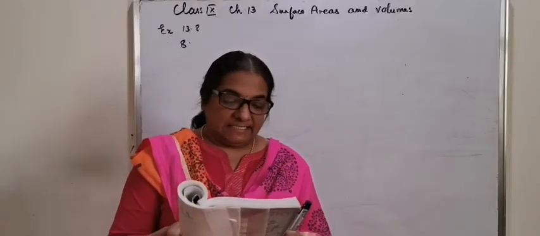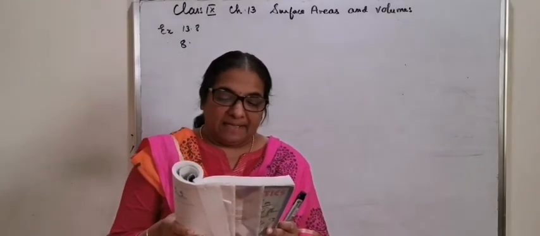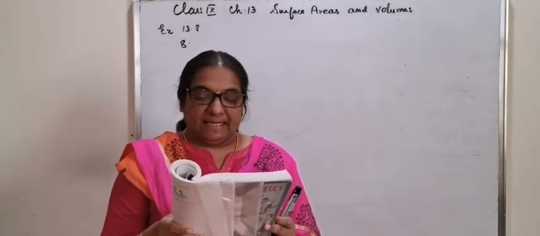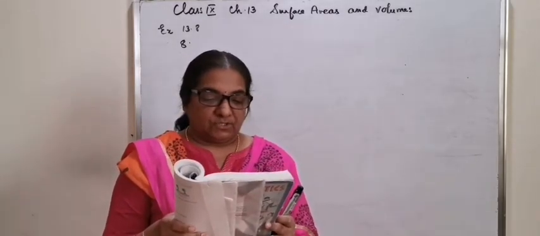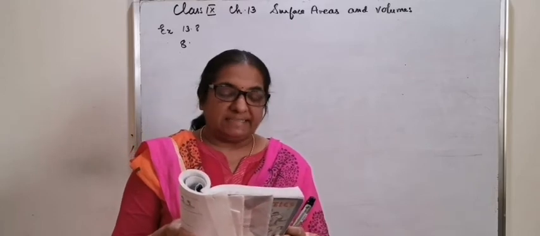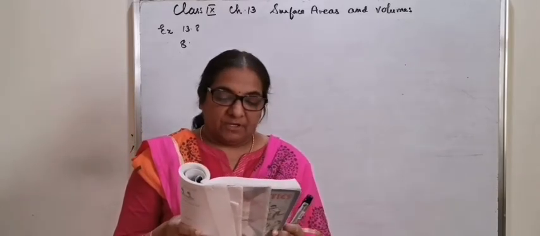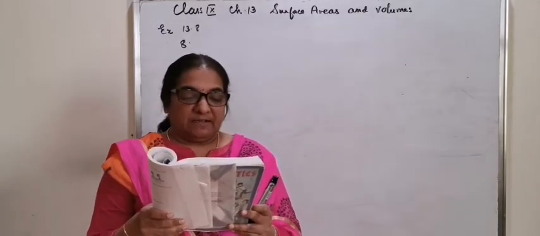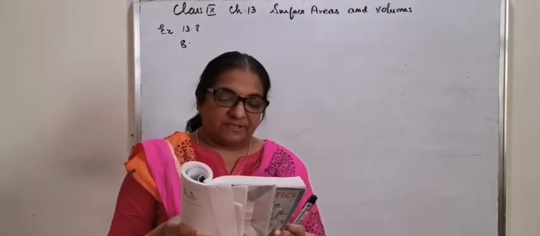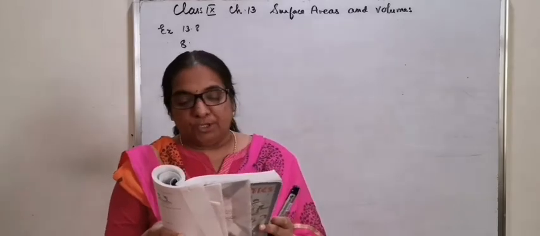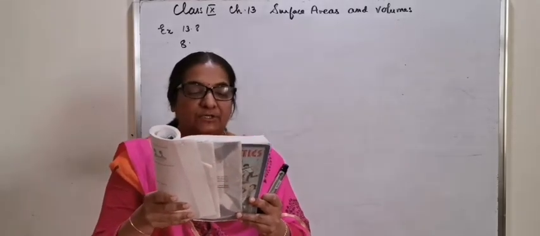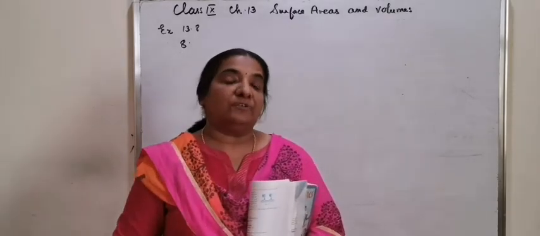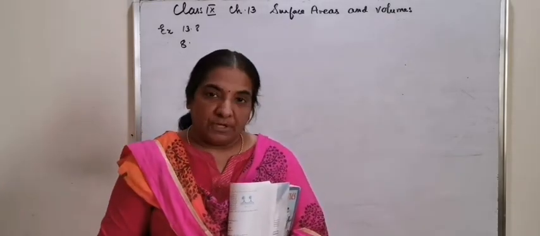Question number 8. A dome of a building is in the form of a hemisphere. From inside, it was whitewashed at the cost of rupees 498.96. If the cost of whitewashing is rupees 2 per square meter, find the inner curved surface area of the dome and the volume of the air inside the dome. So here, the curved surface area of the dome has to be found out.